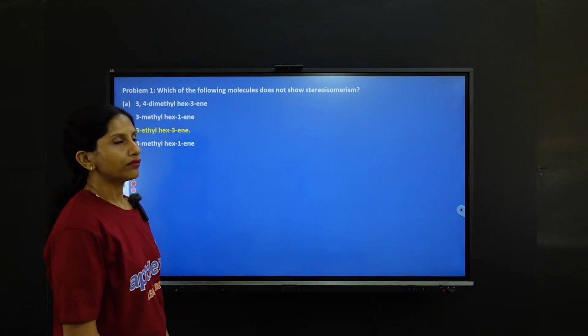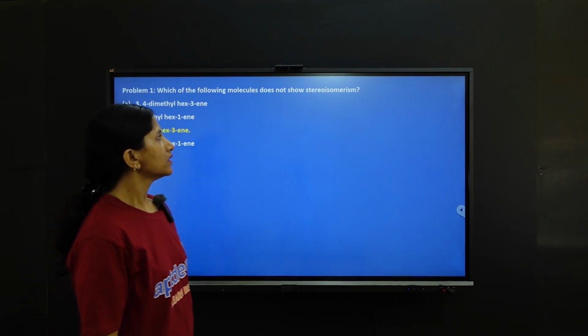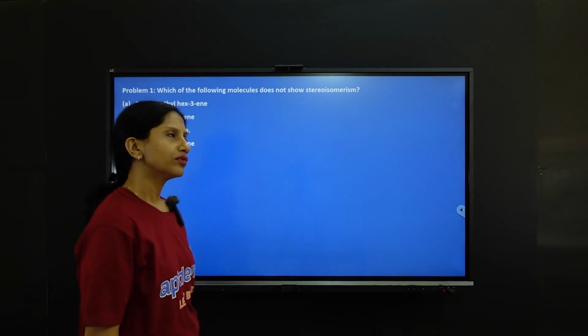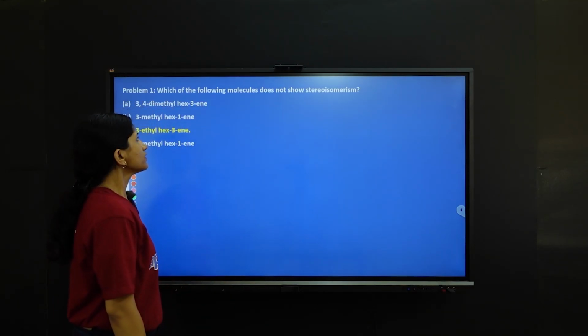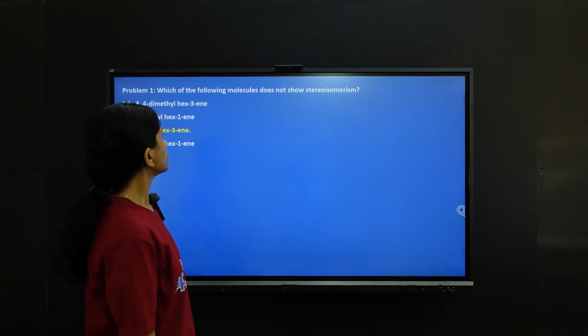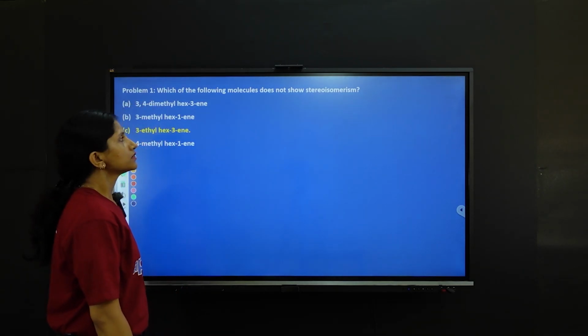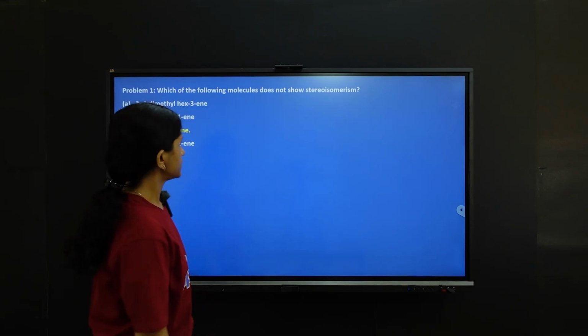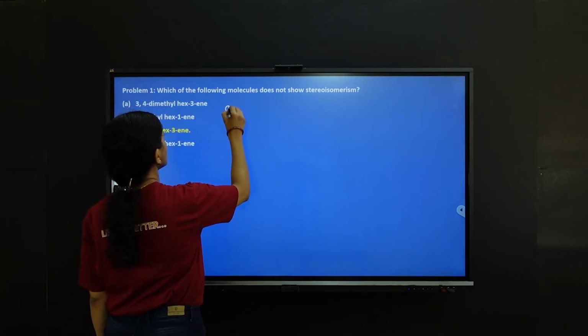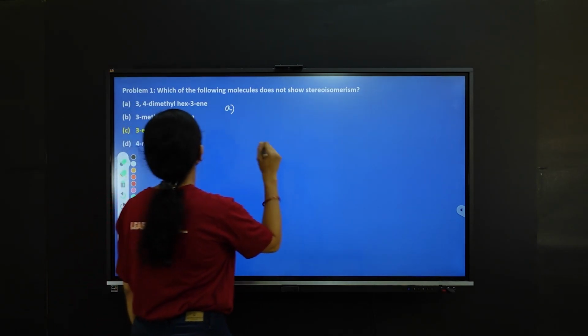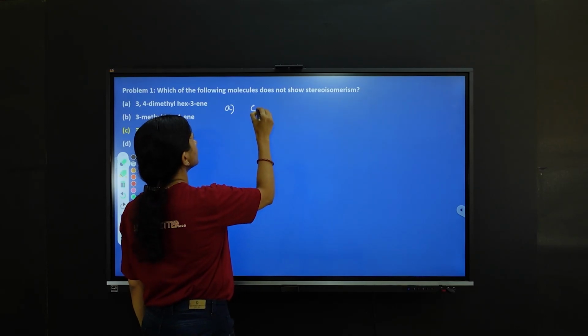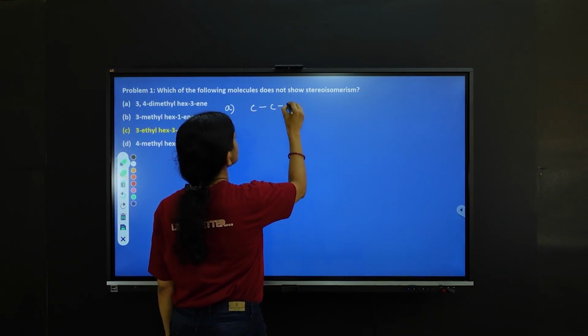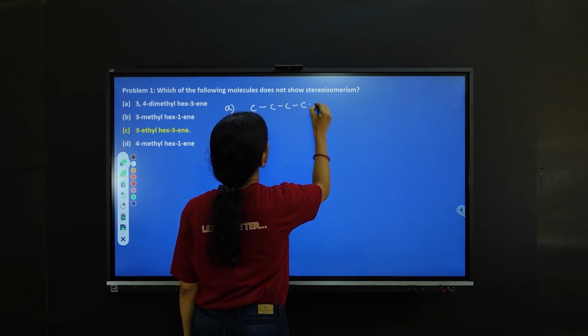One by one I will draw the structures of these molecules and then we will see which of the molecules does not show stereoisomerism. So let's start with A. We have hex, so we will have 6 carbon atoms here.